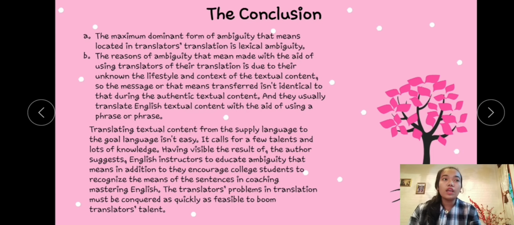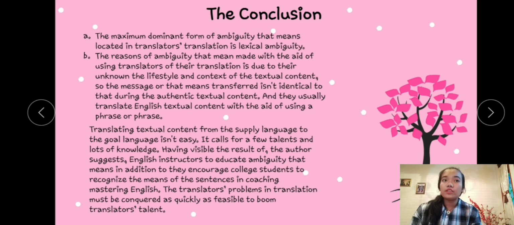Okay, the conclusion. Number 1, the maximum dominant form of ambiguity located in translation is lexical ambiguity. Number 2, the reason for ambiguity met by the translator in their translation is due to their not knowing the lifestyle and context of the text.